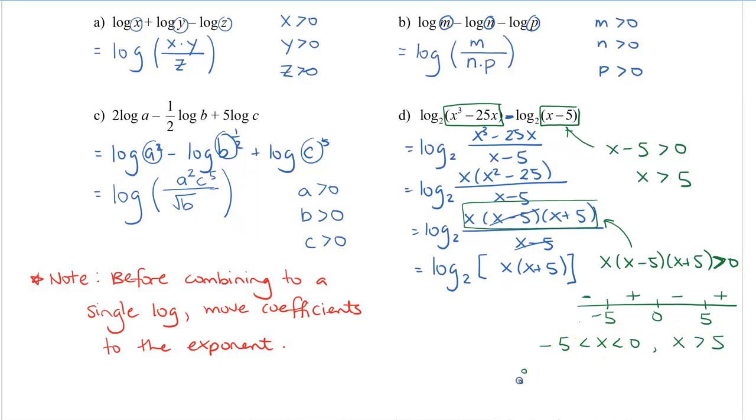So therefore, my only restriction is that x is greater than 5, because it's more restrictive. Okay, so overall between the two restrictions, x greater than 5 is more restrictive compared to having both of these restrictions here.